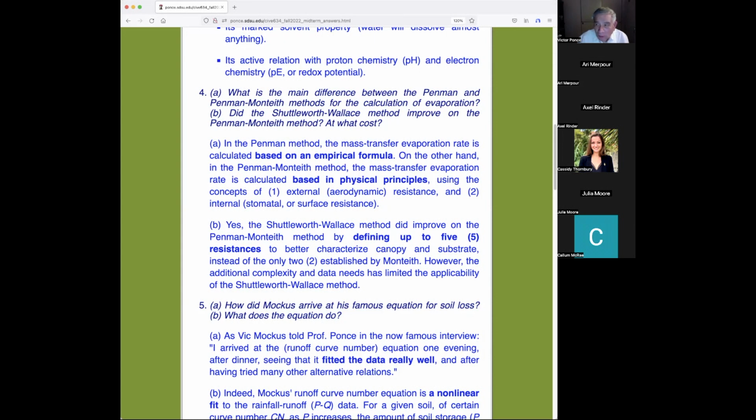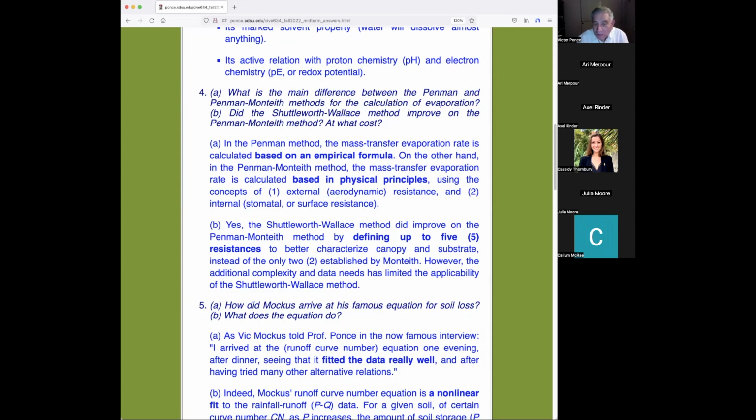But Shuttleworth and Wallace said, no, there really are 3 evaporations here: evaporation from the substrate, meaning the soil; evaporation from the lake, that's water, 100% soil, 100% water; and vegetation. And it's its own thing, because vegetation has to pump the water from the ground, through the stems, and release it at the stomata level.